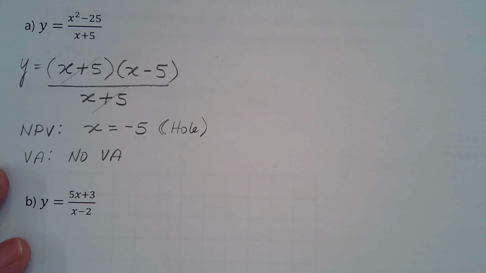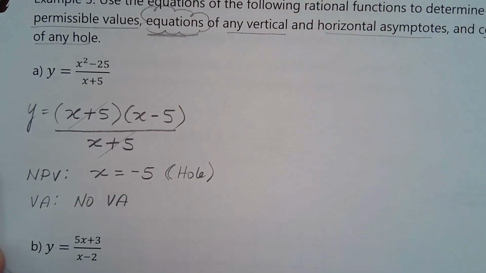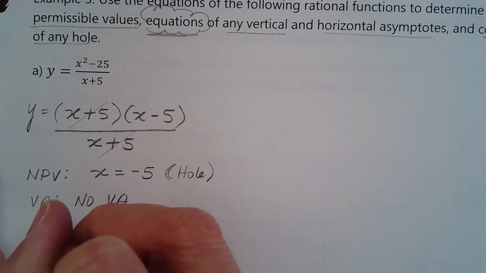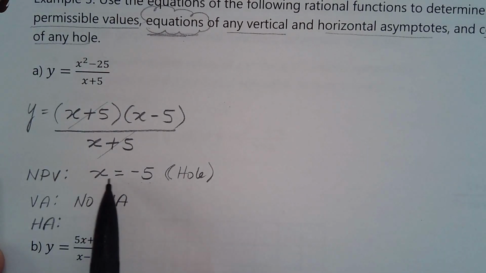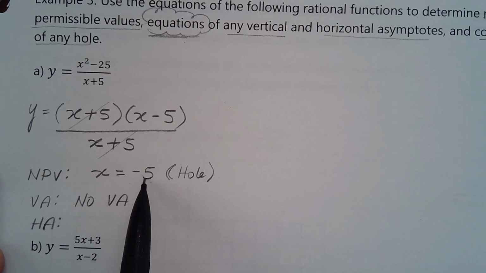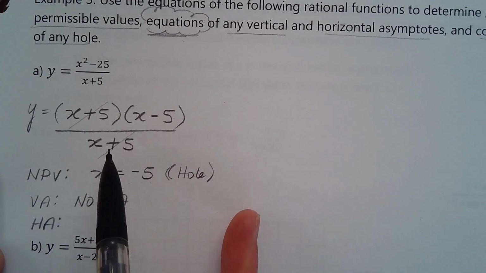Okay. Now, what about horizontal asymptote? How do we figure out the horizontal asymptote? There's only one factor in the denominator, and that factor got canceled.